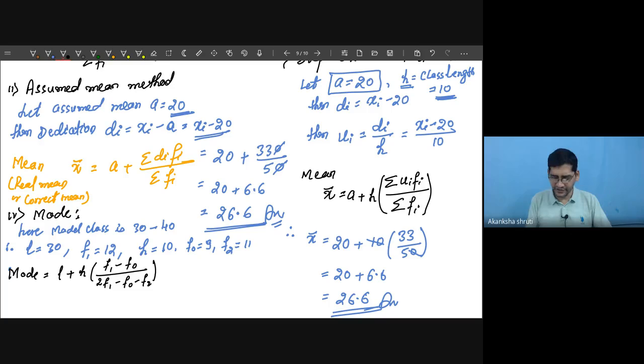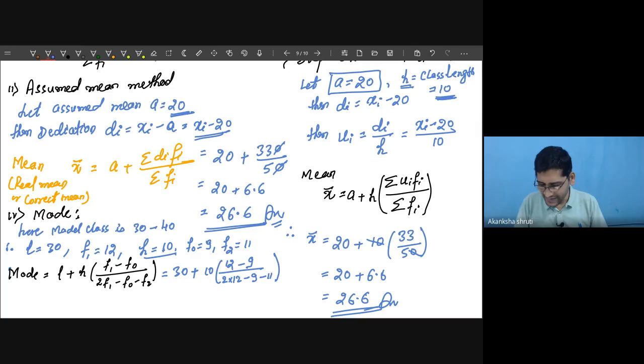H I have written before this bracket; you may write it after also. Substitute the values. It is 30 plus H is 10, and whatever inside the bracket, put it: 12 minus 9, F1 is 12, F0 is 9, divided by twice of 12 minus 9 minus F2, which is 11. Student, here you will always observe that the addition factor will always be positive. Okay.